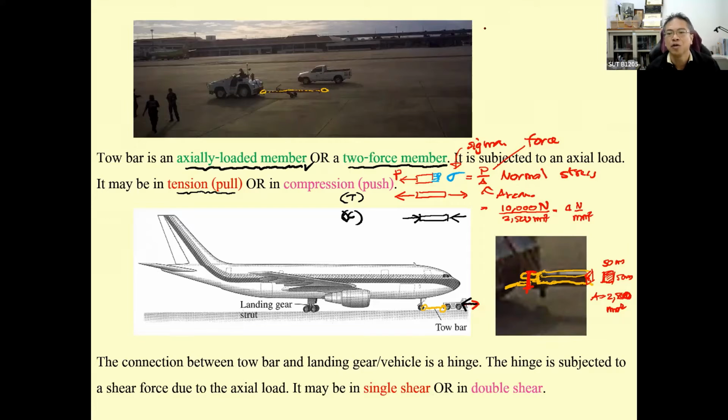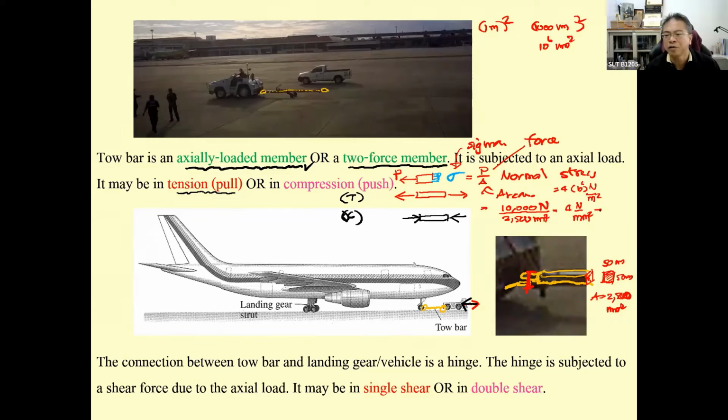Or if you use 1 meter is 1,000 millimeter, so 1 meter square is going to be 10 power 6 millimeter square. By doing this, this can be changed to 4 times 10 power 6 Newton per meter square.